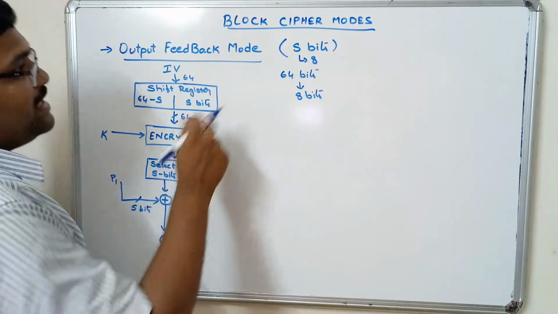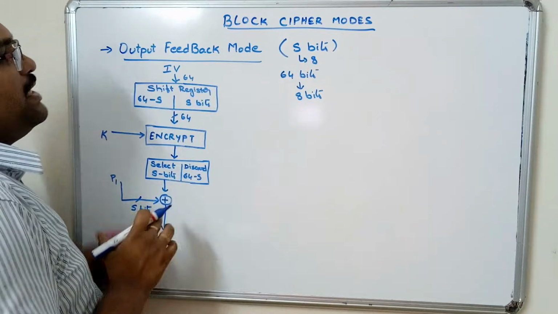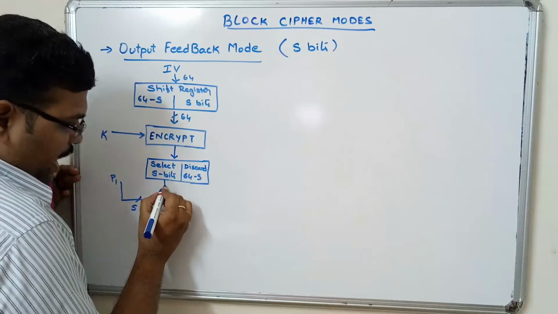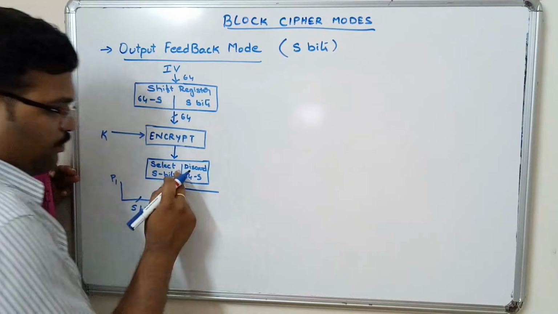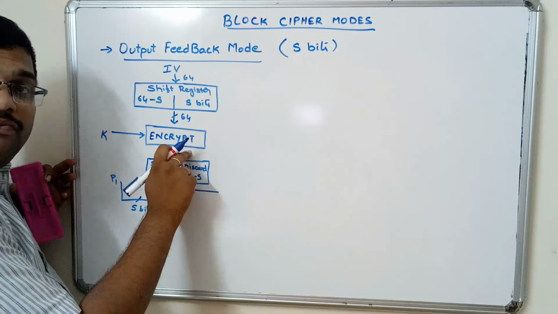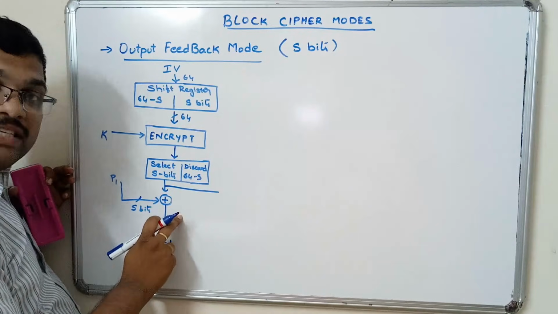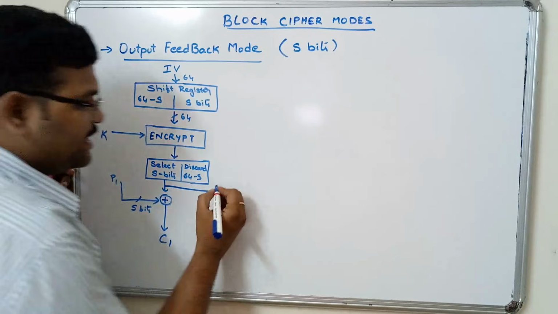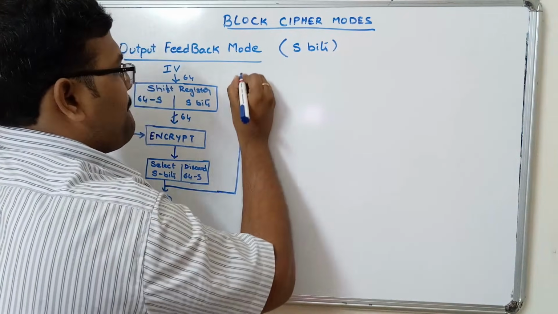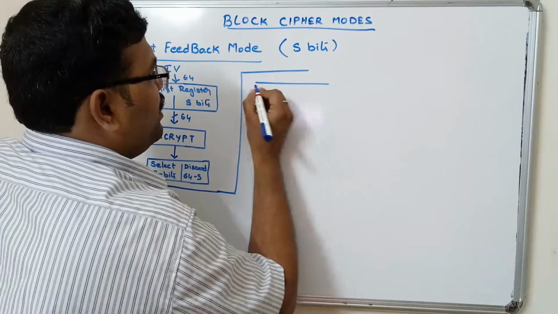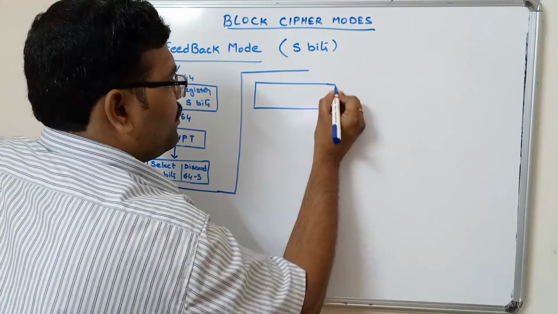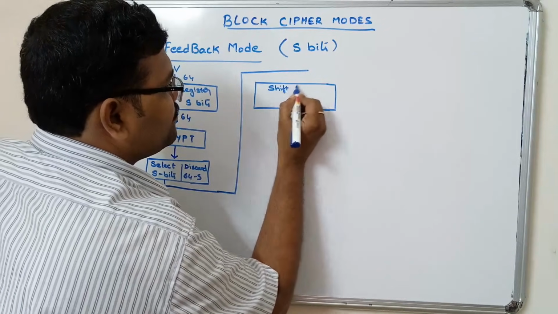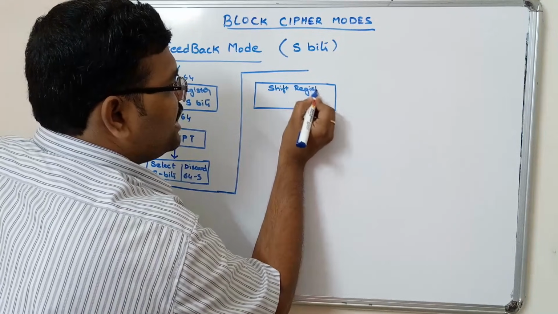So as the name itself indicates, output feedback mode. We have to consider the output after completion of encryption, not after completion of the XOR operation. After completion of encryption, consider this S bits and consider the same 64 bits.